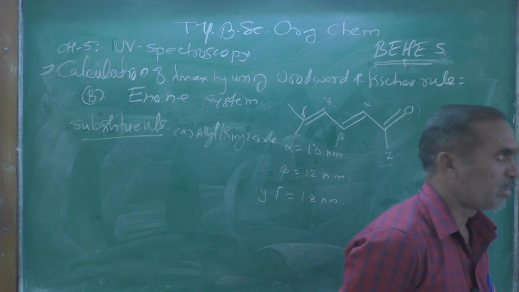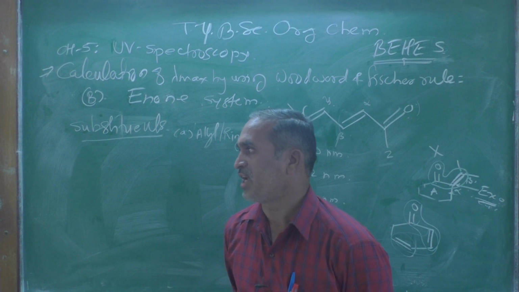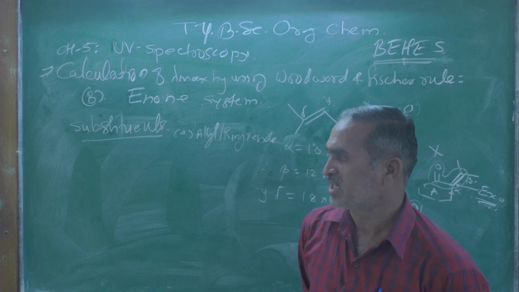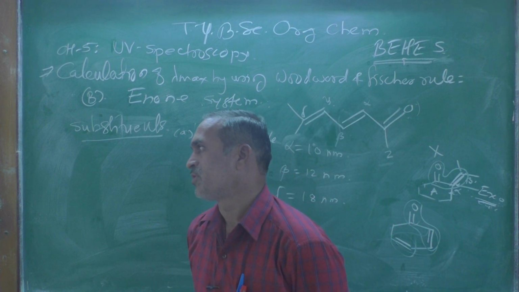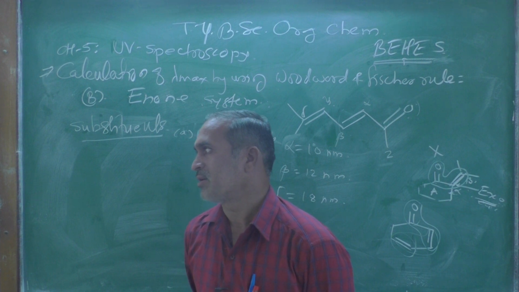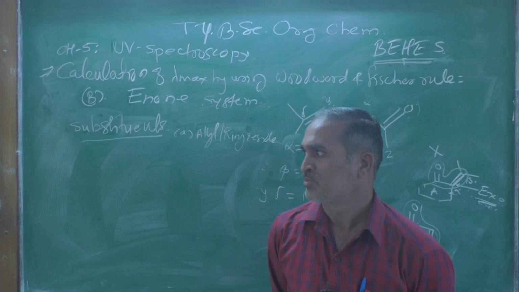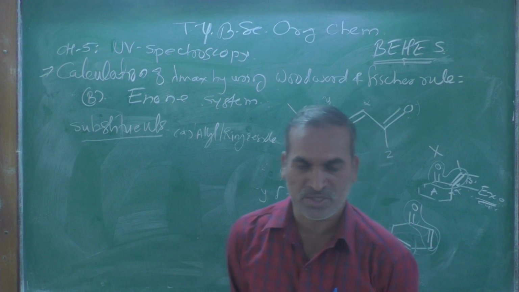One contains the IR frequencies. The second contains the chemical shift values of NMR, and the third contains the diene system values and the enone system values.